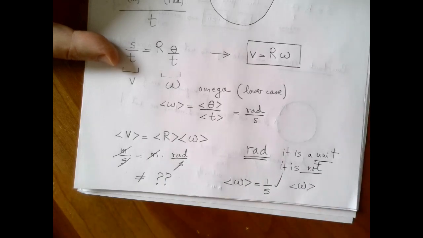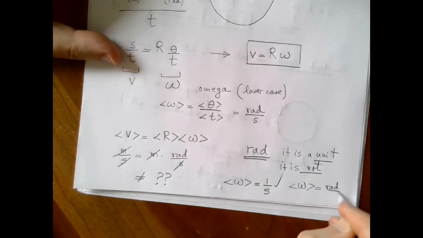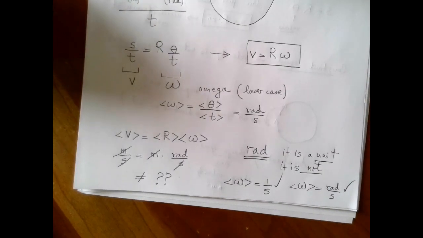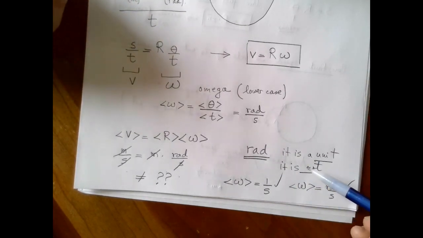But to make things a little more clear and for me to follow the formulas a little better, I can write them as radians per second, and they are both correct. It is a strange thing to treat the radian as a unit, but also to keep in mind that somehow it is not a unit.